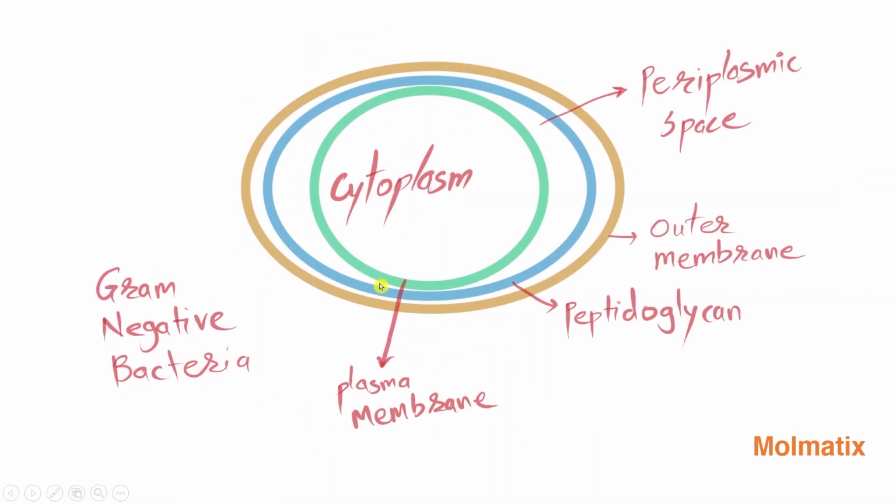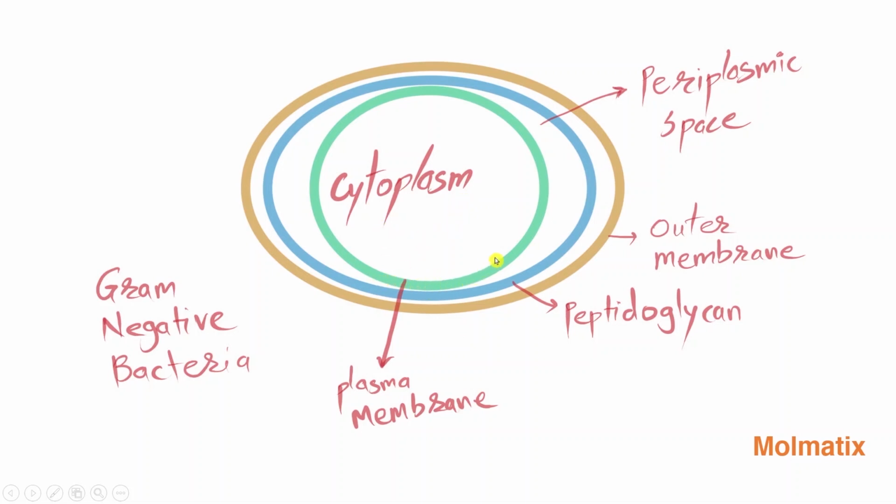This is the generalized structure of the cell envelope present in gram negative bacteria. In gram negative bacteria, the outer layer of the cell wall is the lipopolysaccharide layer. This is the lipopolysaccharide layer, and this is the peptidoglycan layer and plasma membrane.